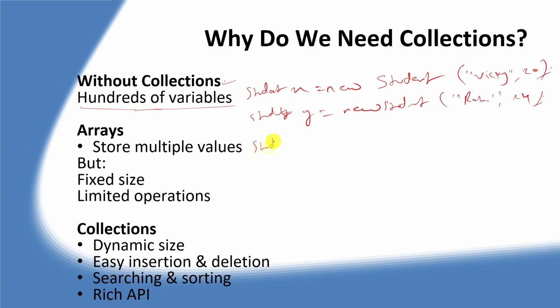Then again student Z equal to new student, whatever it is, Priya 25.